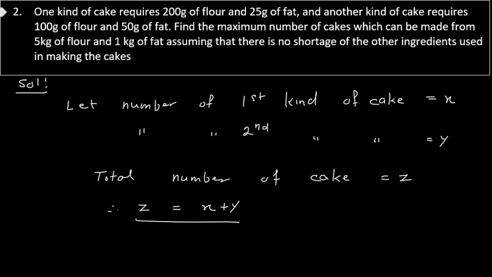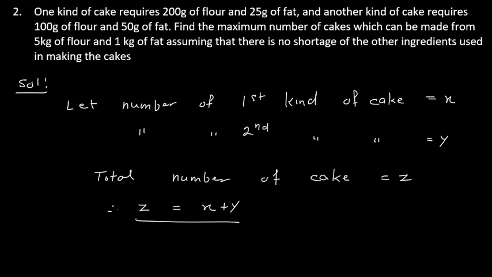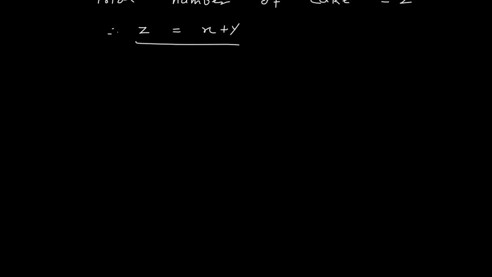Now I will put this information, which is given, in a tabular form for better understanding. So I have first kind cake, then we have second kind cake.